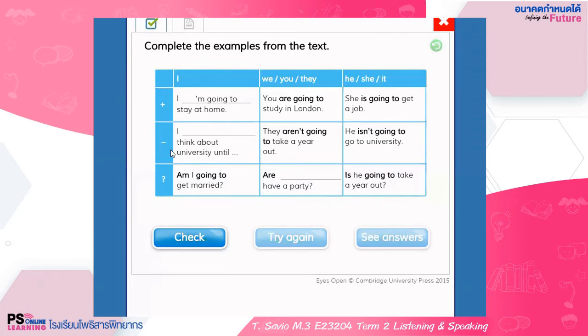And the negative form: I'm not going to think about university until... They aren't going to take a year out. He isn't going to go to university.